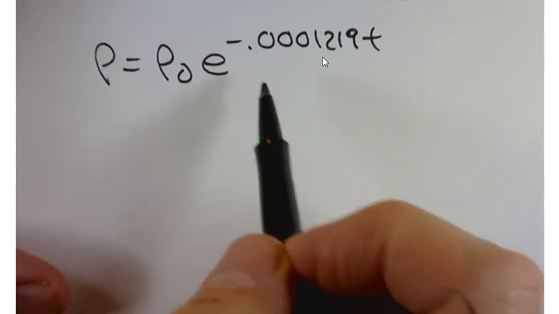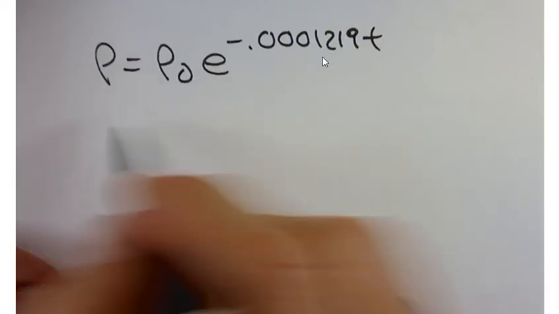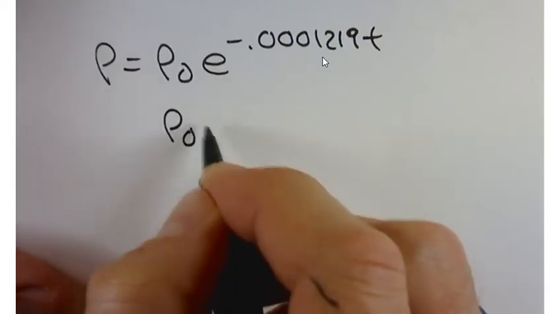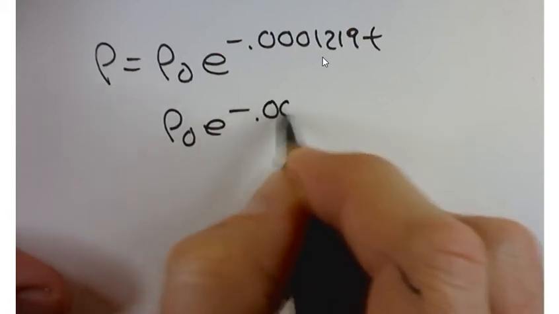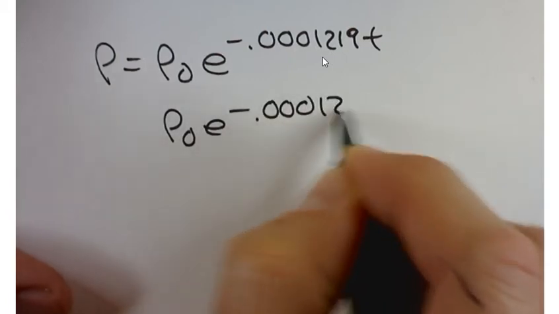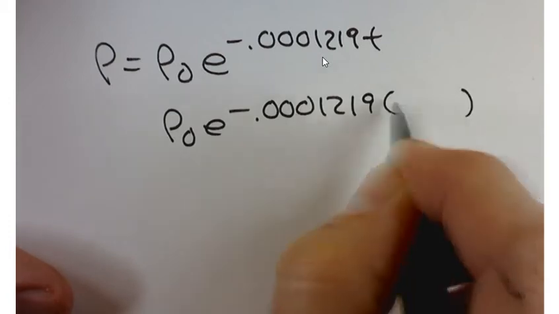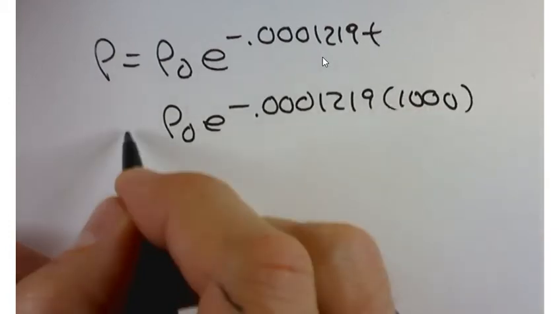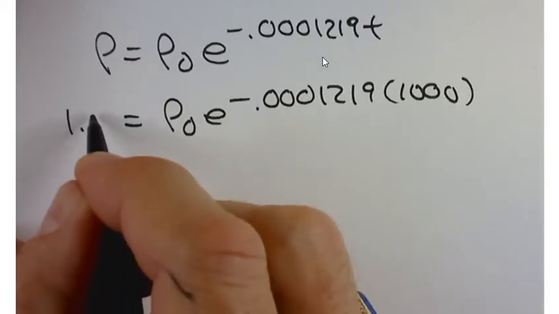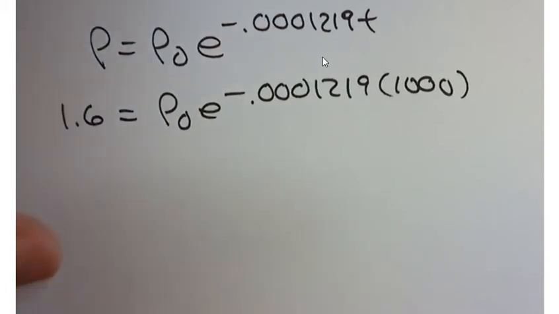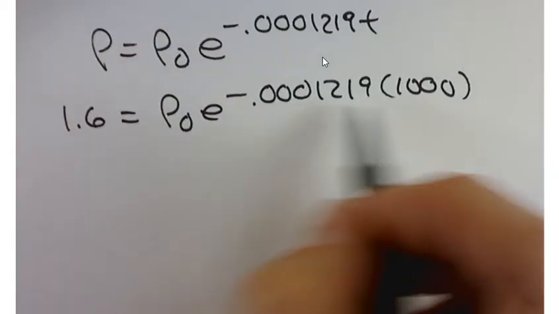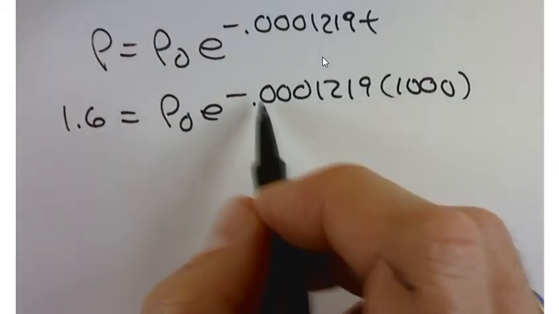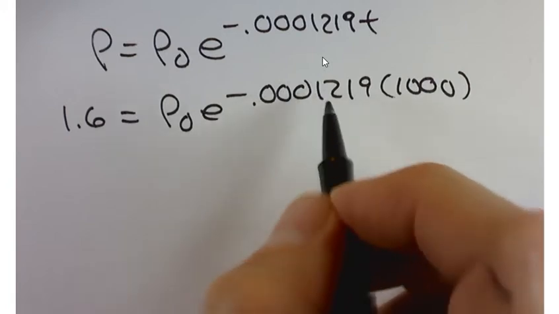This is our final model. After 1,000 years, P sub 0 e to the negative 0.0001219 times 1,000 gives you 1.6 grams. Multiplying by 1,000 is going to shift this decimal 3 places to the right.